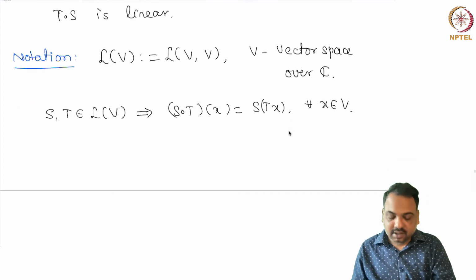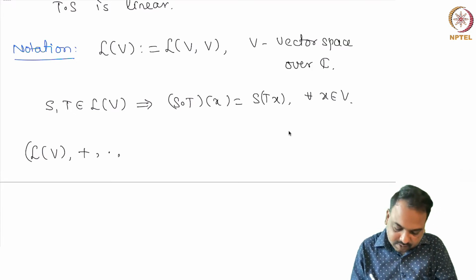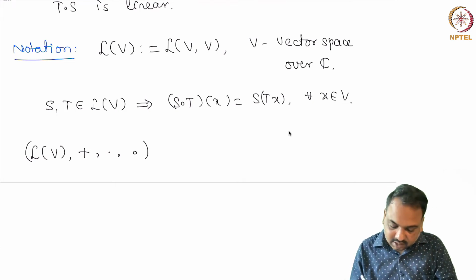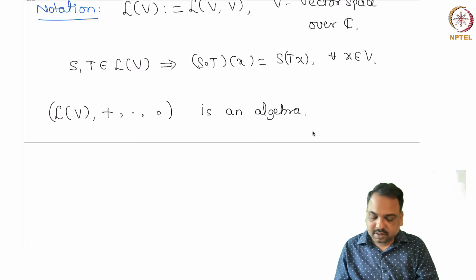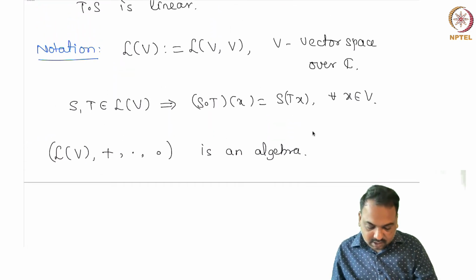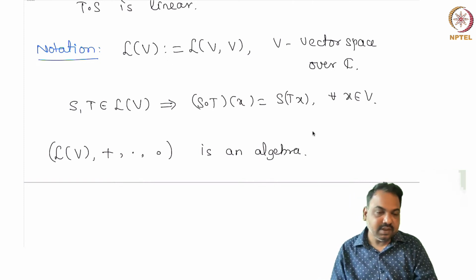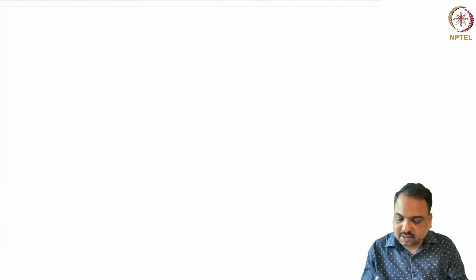So we can say that with these operations, if you look at the set L(V) with plus, and this dot is scalar multiplication, and this circle is the composition of two operators, this is an algebra. What is the meaning of algebra? An algebra is a set with three operations satisfying the properties that we stated for L(V, W). So let us look at the definition of an algebra.